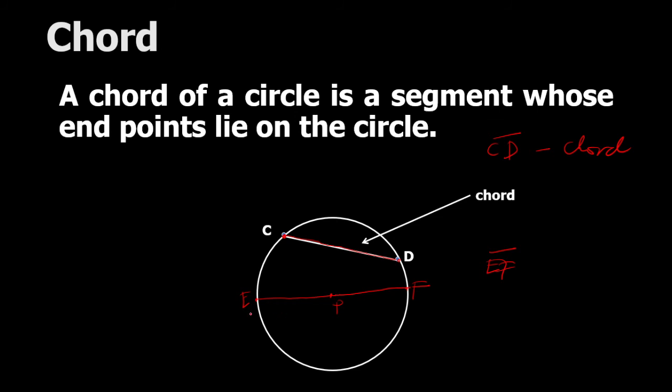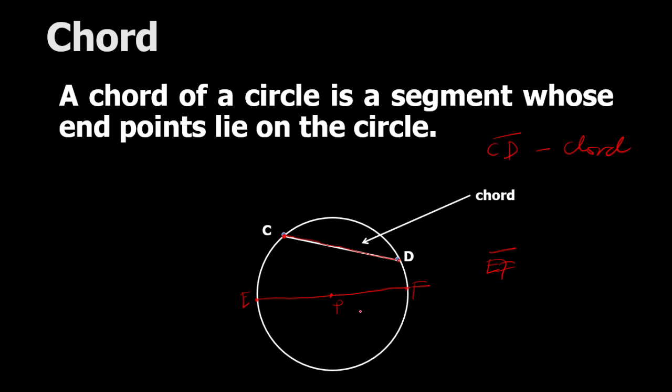So technically, kapag ang segment mo na nasa loob ng circle, ang endpoints niya is on the circle at dumaan siya sa gitna ng circle, that is a diameter. And it can also be said as a chord. But given chord CD, hindi siya dumaan sa center ng circle, automatically CD is just a simple chord.